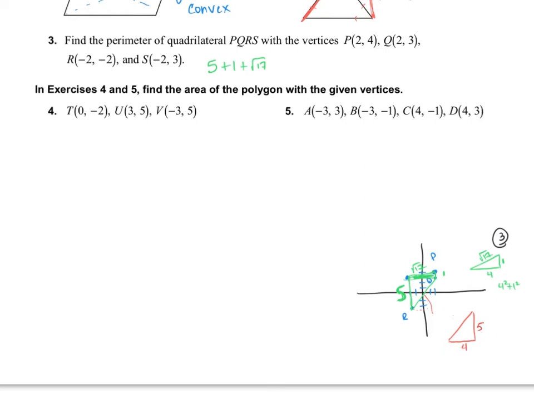So I end up with D right there, and I can use the Pythagorean theorem. So D will be the square root of 16 plus 25, which is going to be the square root of 41.